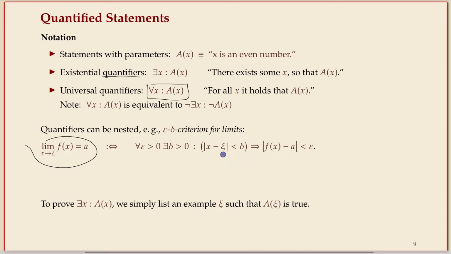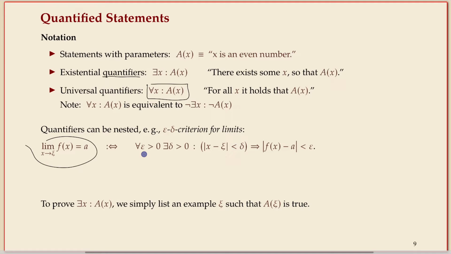So nested quantifiers often can be phrased as this kind of game. For all means opponent's choice. You have no control. Exists means my choice. I can pick one. Now the tricky bit is the order matters. Having you choose first and I can react to that is different from me choosing first and you reacting to me.